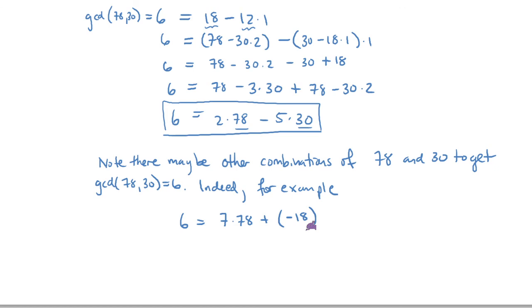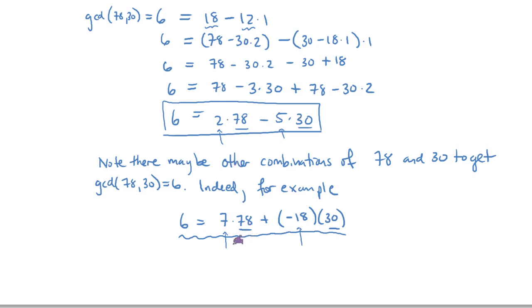So negative 18 times 30. So look at this right here. I actually still have a combination. Do you see that this is like your x and this is like your y, and they are integers just like they are here? They're combinations of 78 and 30. We say that they're linear combinations.